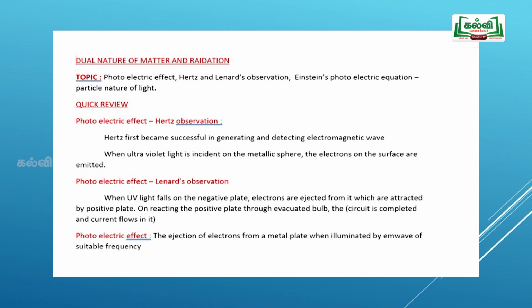When ultraviolet light is incident on the metallic sphere, the electrons on the surface are emitted. Lenard's observation: when UV light falls on the negative plate, the electrons are ejected from it, which are attracted by the positive plate. On reaching the positive plate through the evacuated bulb, the circuit is completed and current flows in it.